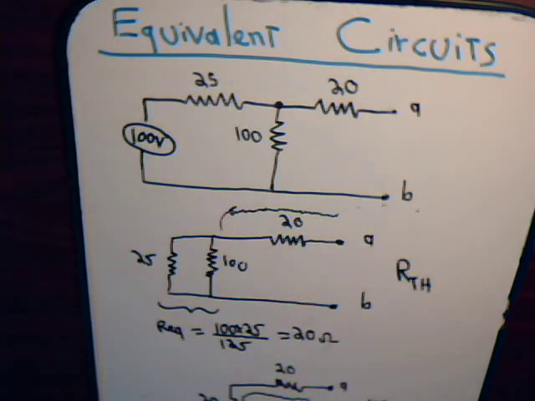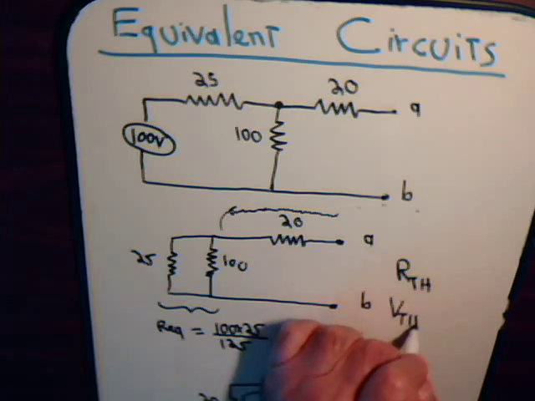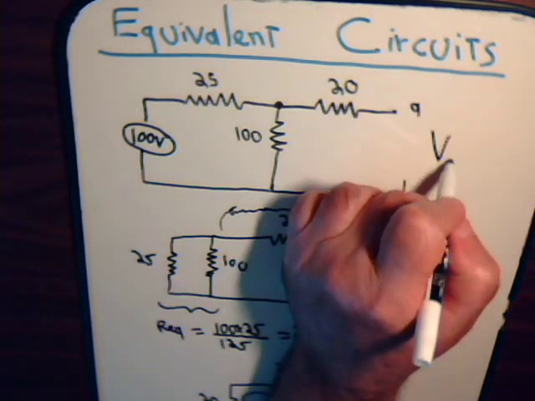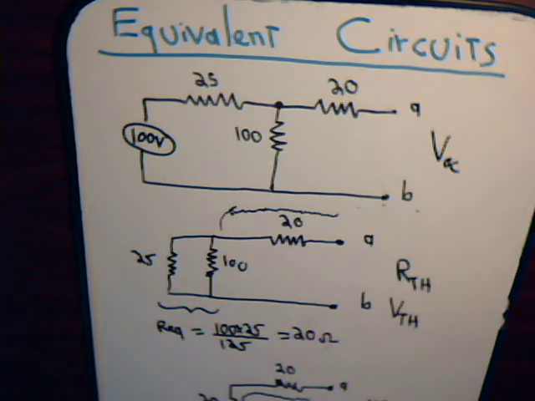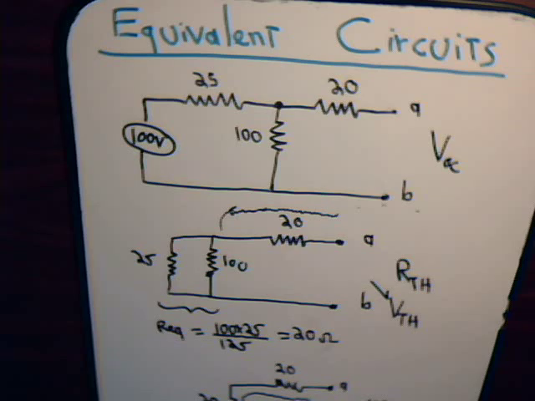our Thevenin resistance. To get the Thevenin voltage, what we do is go back to our original circuit and ask ourselves, what is the open circuit voltage? That will be this. So that gives us this, and that gives us this.